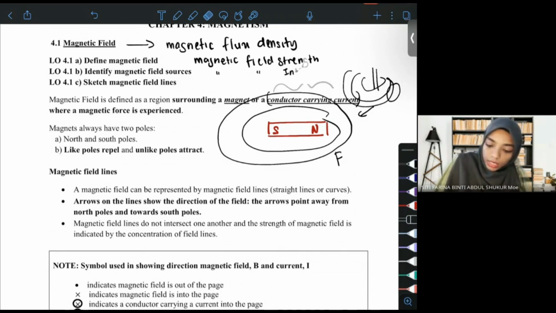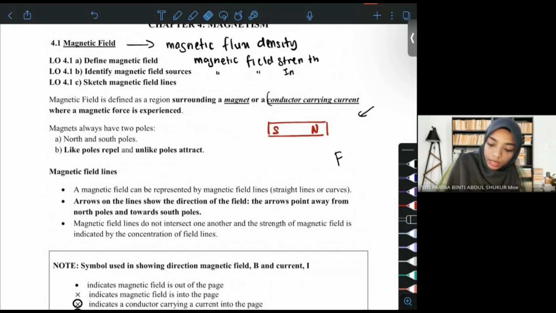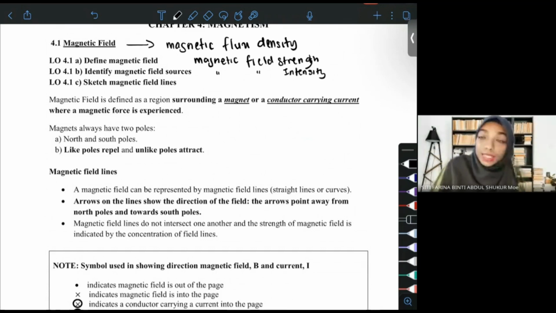So this magnetic field can be called in either of these. Okay, so all these terms represent the symbol B, magnetic field.